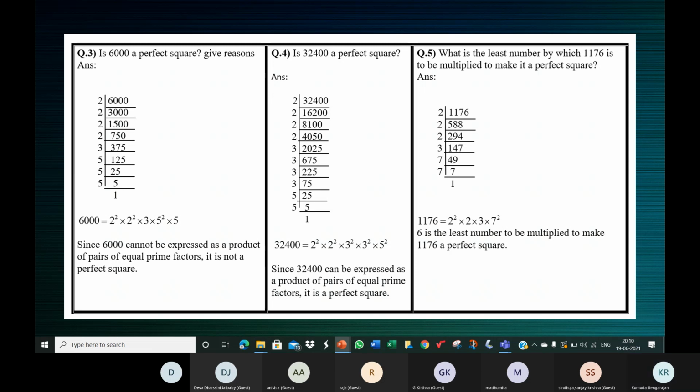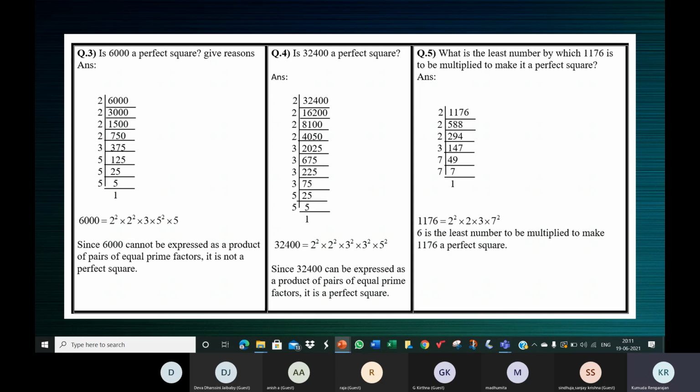Yes, it's time. Who got the prime factorization of 40,425?